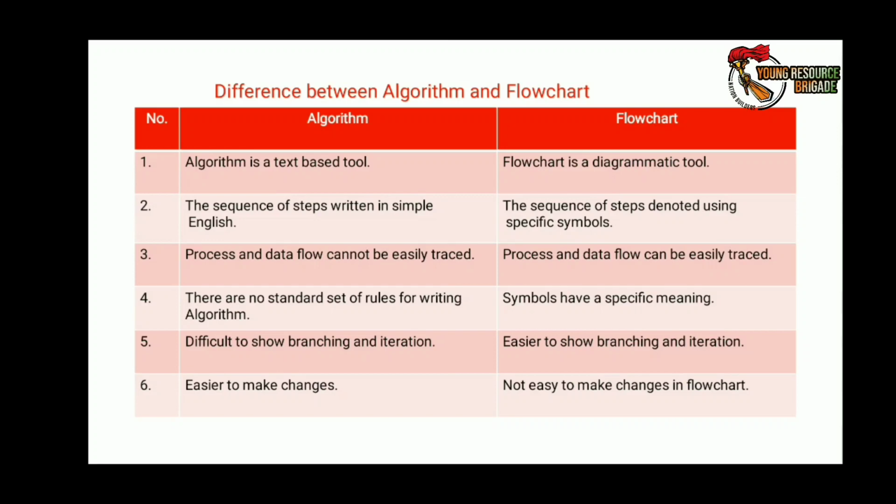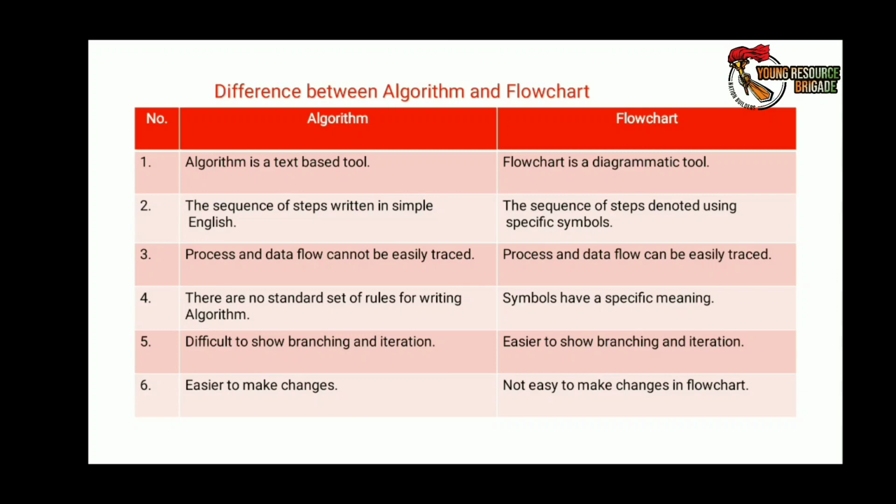It means the meaning of each symbol is fixed in a flowchart. Fifth difference: in an algorithm it is difficult to show branching and iterations. It means when you write a step by step solution, it is hard to explain the iterations. You cannot show branching as well.